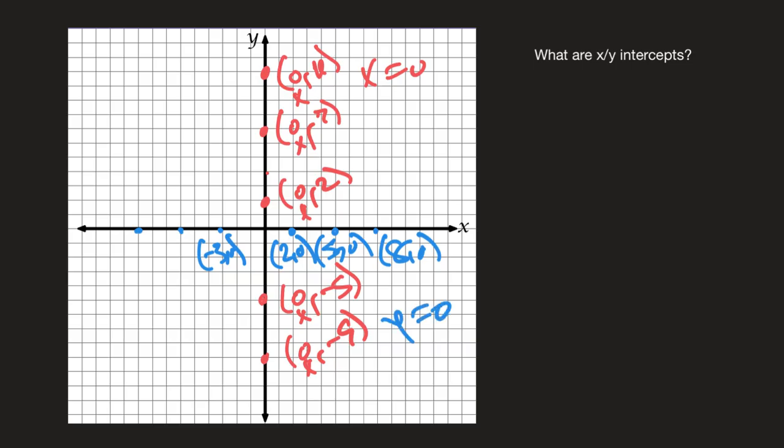All right, so this is what is really at the basis of being able to graph using x and y intercepts, okay? If I'm on an axis anywhere, whether it be an x-axis or a y-axis, one of those values is going to be 0. If I'm on the y-axis, my x value is 0. If I'm on the x-axis, my y value is 0, okay?